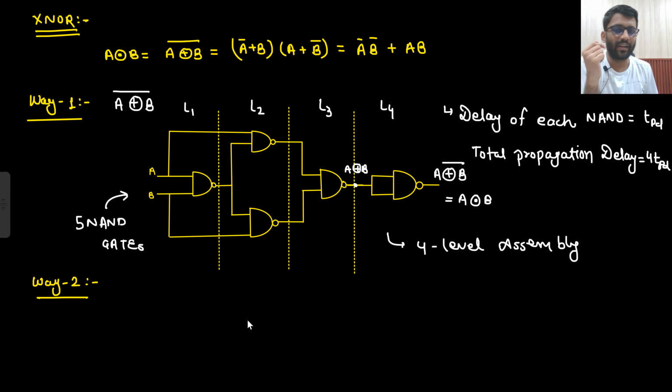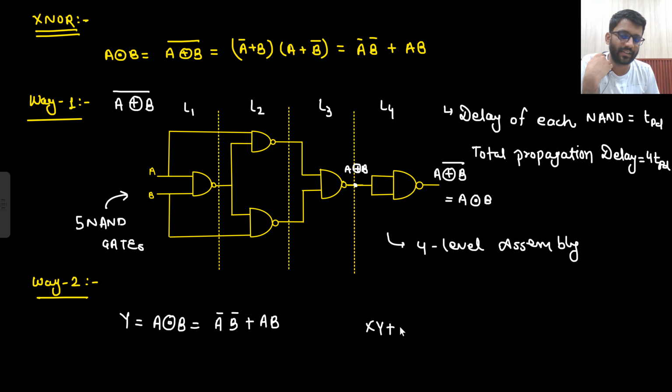Can I implement it in another way? What could that way be? What is your Y? Y is A XOR B, and that can be written as A bar B bar plus AB. So let's say it is XY plus WZ.